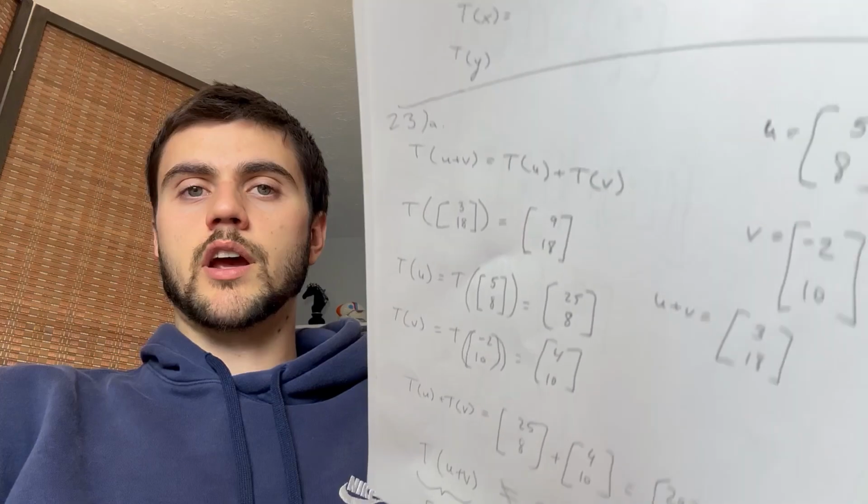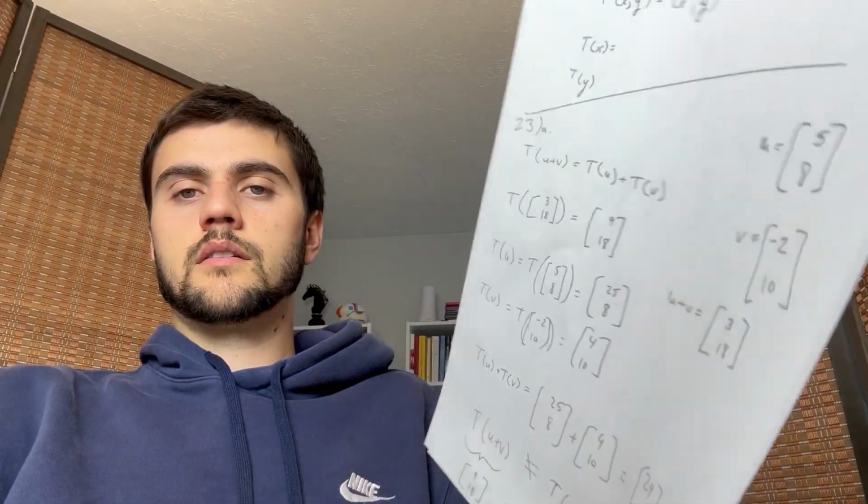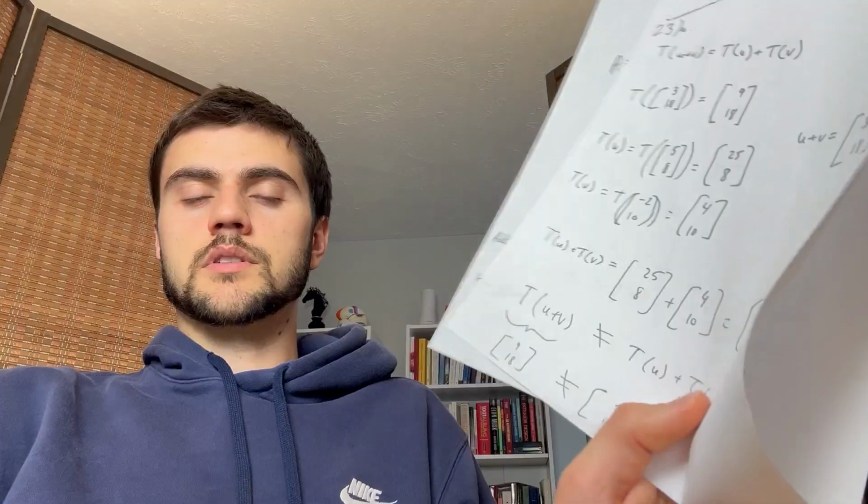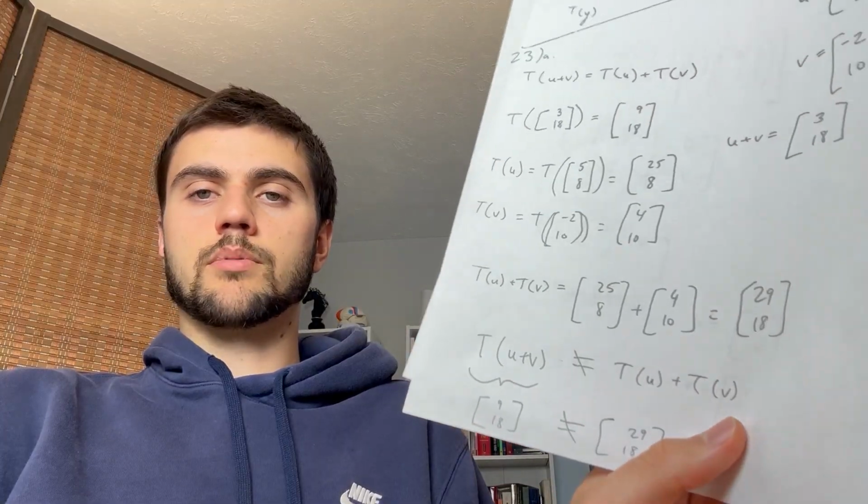So I put some random numbers in and was able to show that they weren't equal, and the additivity property does not hold, therefore it is not a matrix transformation. So solid there. I'm going to continue working now.